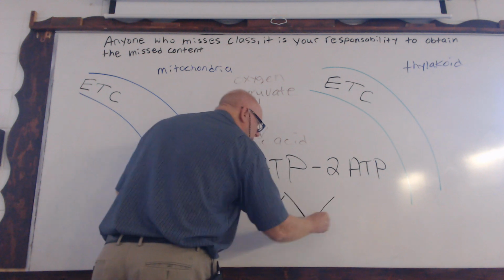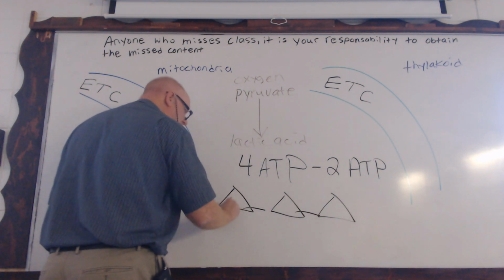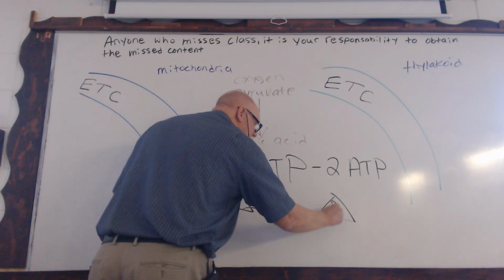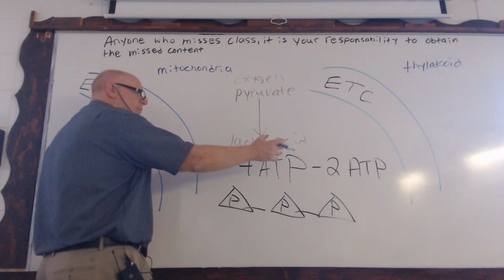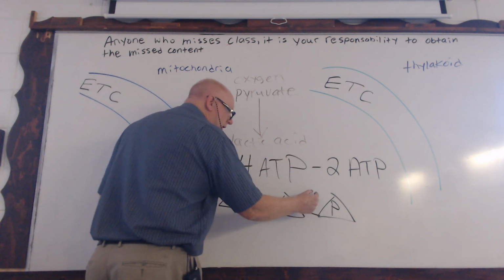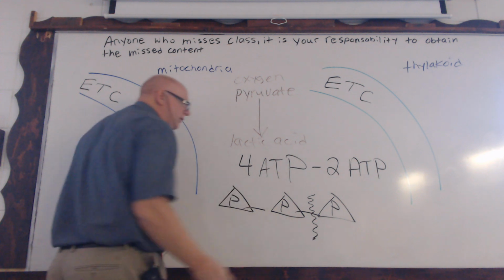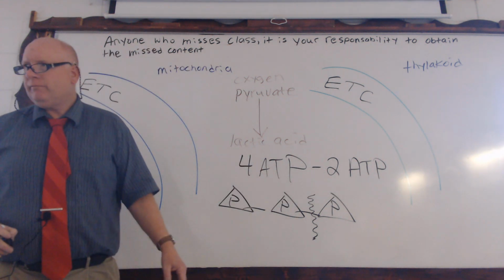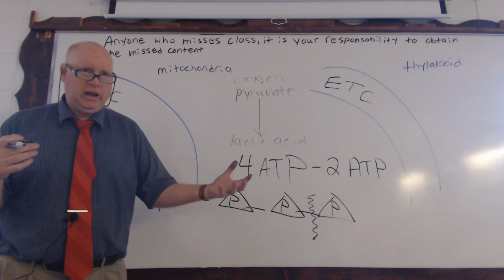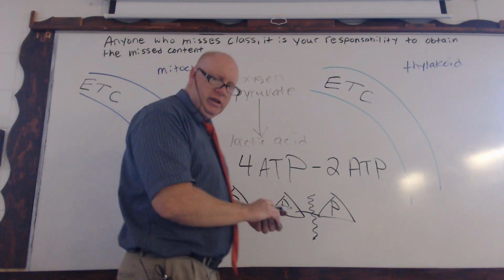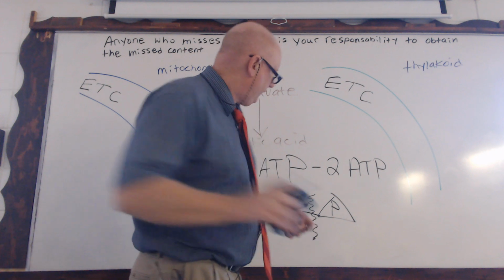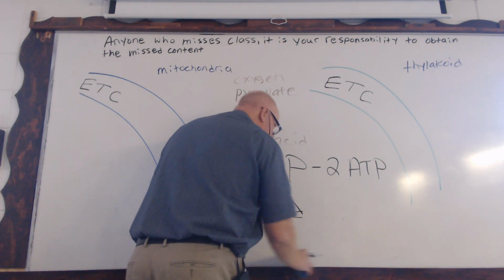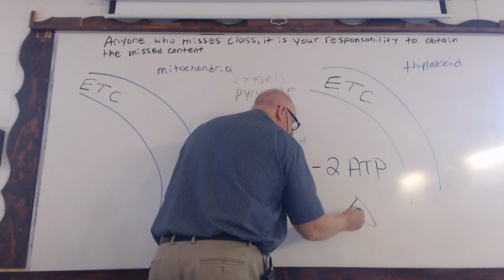So the simplest way to visualize that is these are all individual phosphate molecules. So from this ATP, this gets broken apart. When that bond breaks, what do we get from that? We get energy.